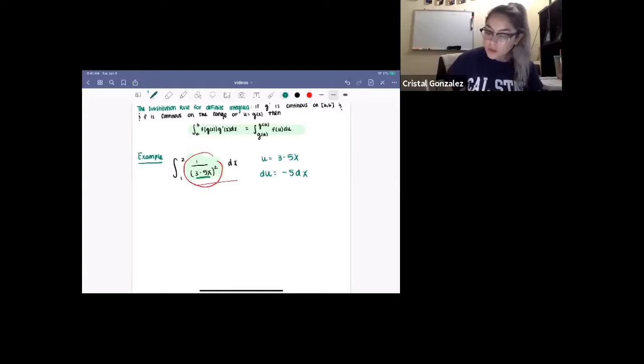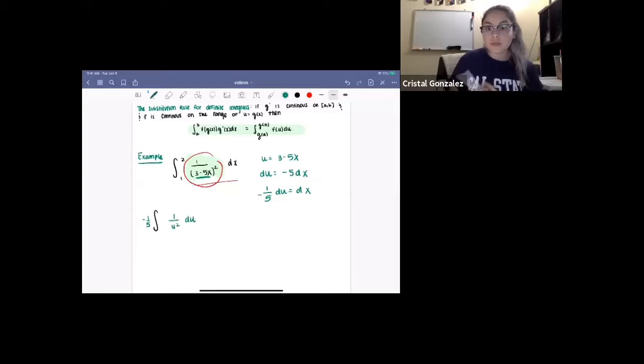I get negative 1 over 5 du is equal to dx. Now I'm going to rewrite my integral in terms of u, and I get 1 over u squared du.